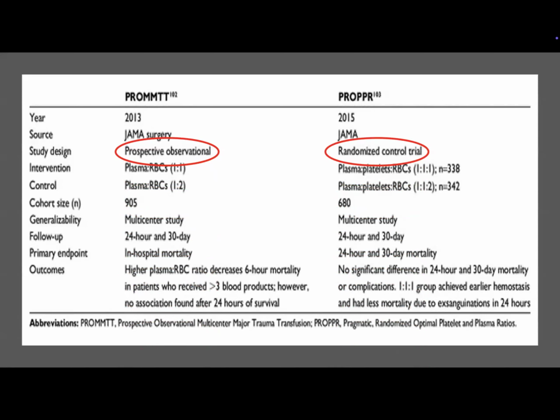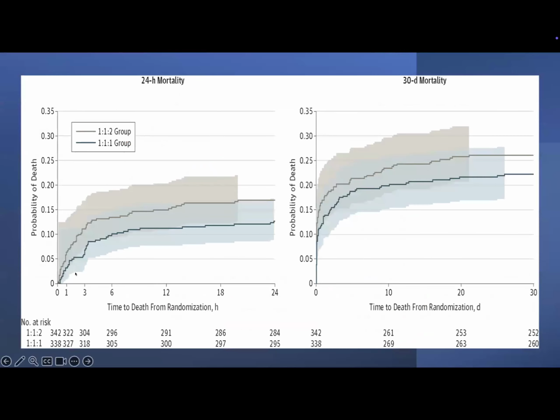So the same team conducted another trial, the PROPPR trial, which was a randomized control trial. Randomized control trial must be superior, obviously, right? 680 patients. So what is the conclusion? No significant difference. We'll stop it there? No significant difference doesn't matter to us, right? But we'll look at the Kaplan-Meier curve here, where probability of death is plotted against time to death from randomization.